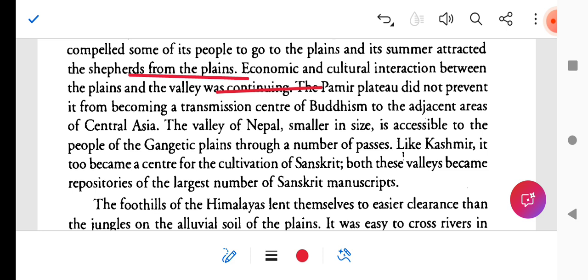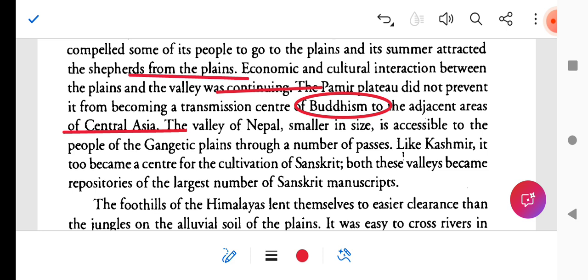The Pamir Plateau did not prevent it from becoming a transmission center of Buddhism to the adjacent areas of Central Asia, because Buddhism was prevalent from India to Central Asia through the Silk Road, and the Silk Road was connected with the Uttarpath.